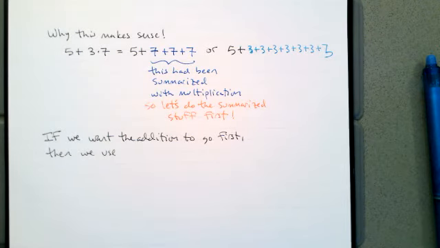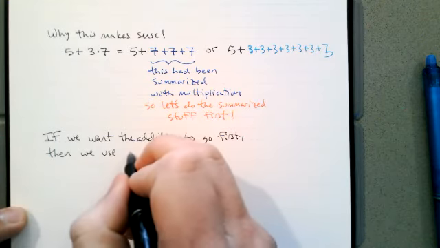What do we use if we want the addition to go first? Parentheses. Parentheses is not an operation. It's just a way of saying, hey, do this first. That's why I don't like putting it in the order of operations. If you put all your operations in an order, those things should all be operations. Parentheses, not an operation. But we use parentheses.